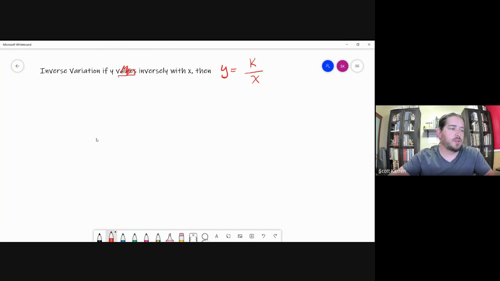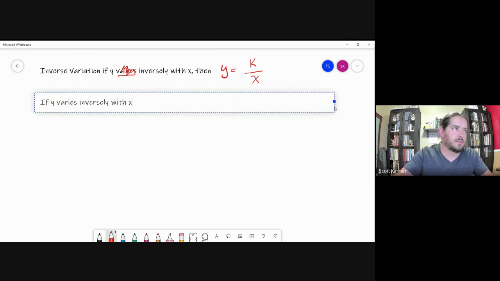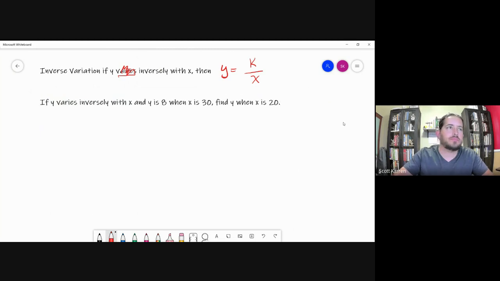And you might see a question like this: if y varies inversely with x, and y is 8 when x is 30, find y when x is 20.